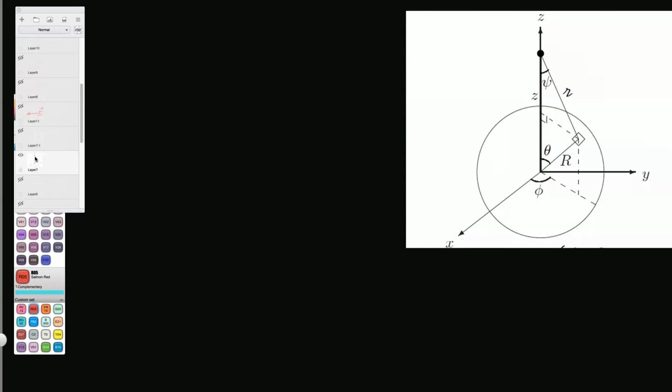We're gonna go back to this problem. It's got a surface charge sigma, which is constant over the whole sphere.